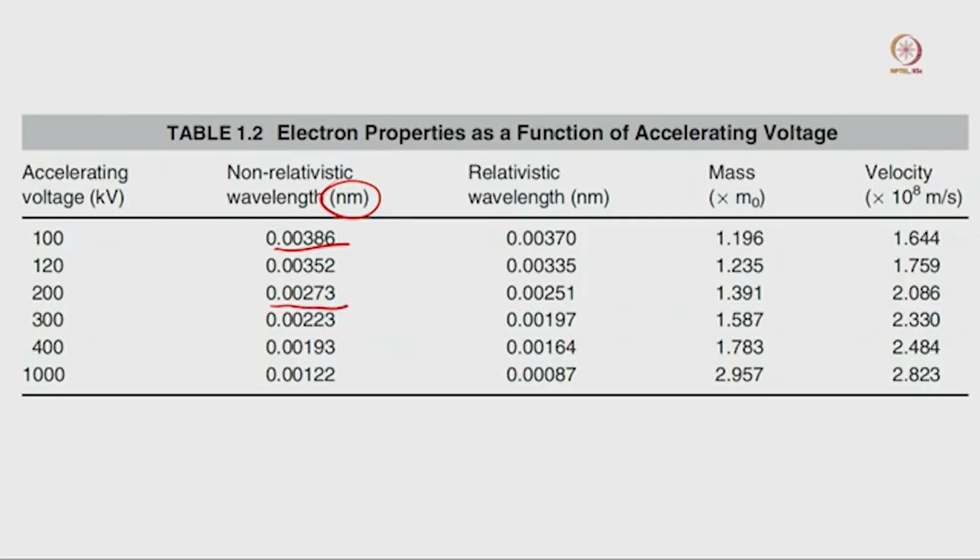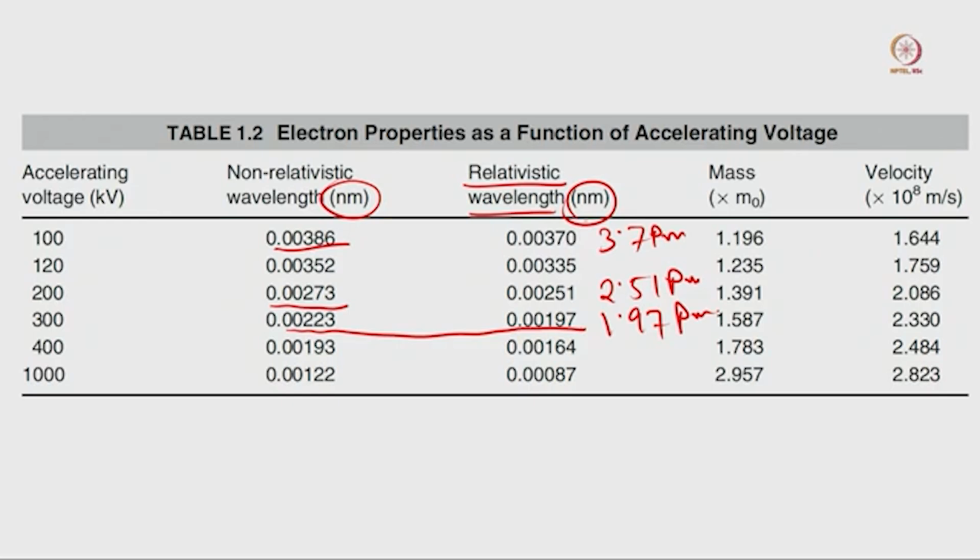So you can see there is a change because of this relativistic effect. Here it converts to 3.7 picometer, and this one will be 2.51 picometer, what was previously 2.74. And now for 300 kV there is a drastic change. Previously it was 2.24 picometer, now it is 1.97 picometer.